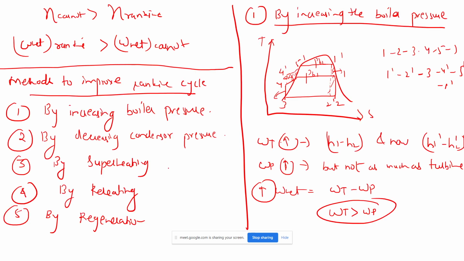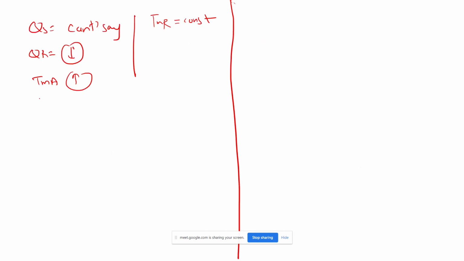See, from here you can see that heat is rejected at the same lower temperature. So even after increasing the boiler pressure, the heat is rejected at the same temperature T lower only. That's why it is remaining constant. Okay. What will be the effect on the efficiency?